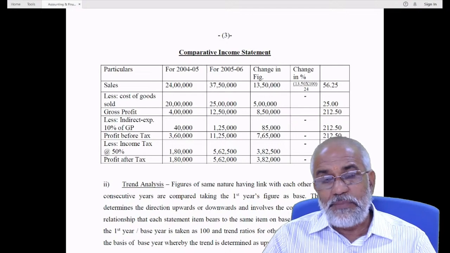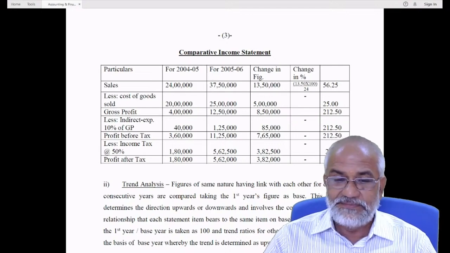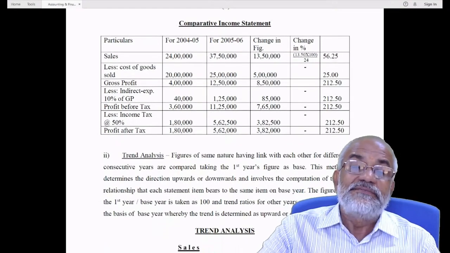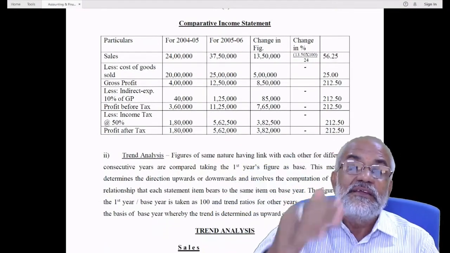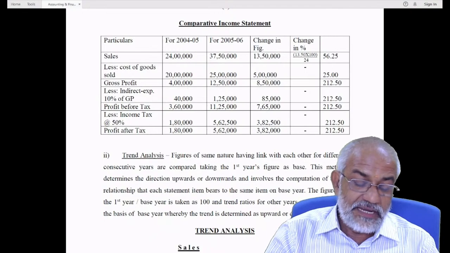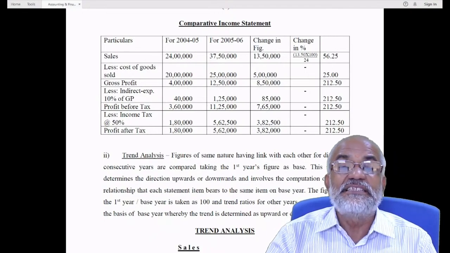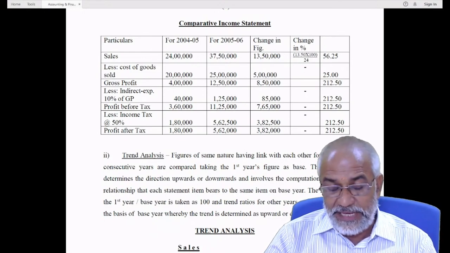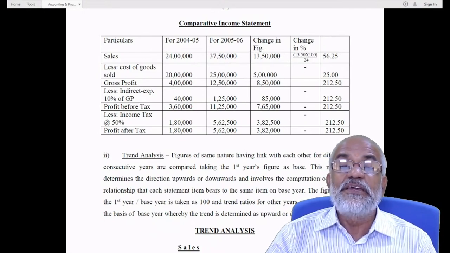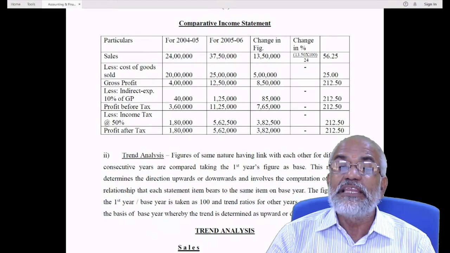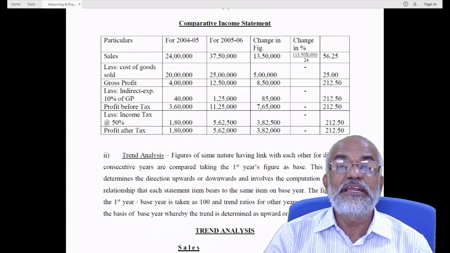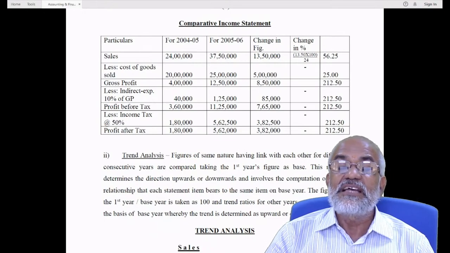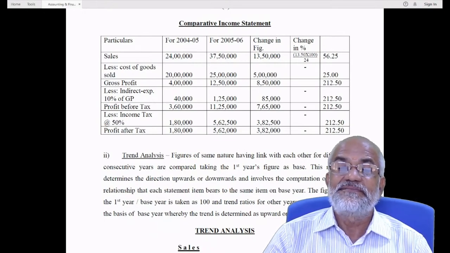So this is about comparative income statement analysis. The next tool under horizontal analysis is trend analysis. The meaning of trend analysis is that figures of the same nature linked with each other for different consecutive years are compared, taking the first year's figure as base.